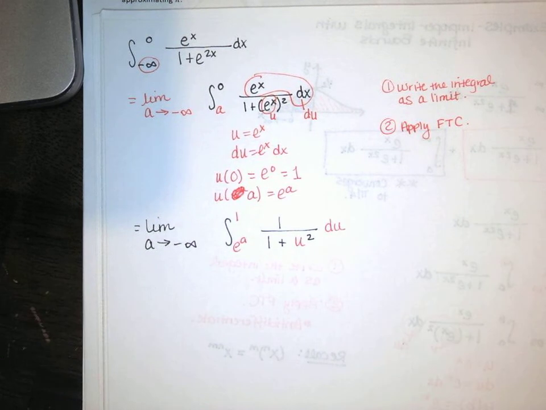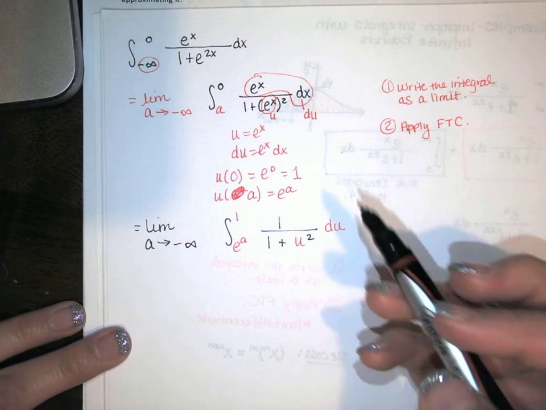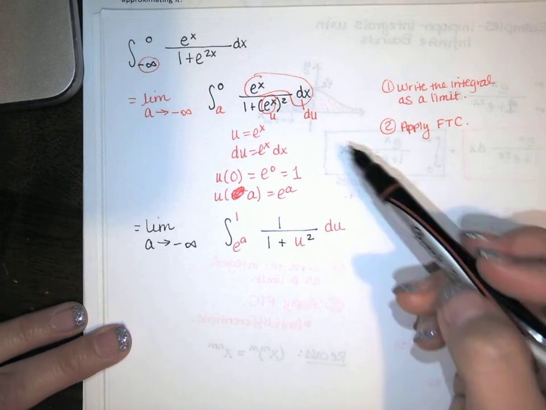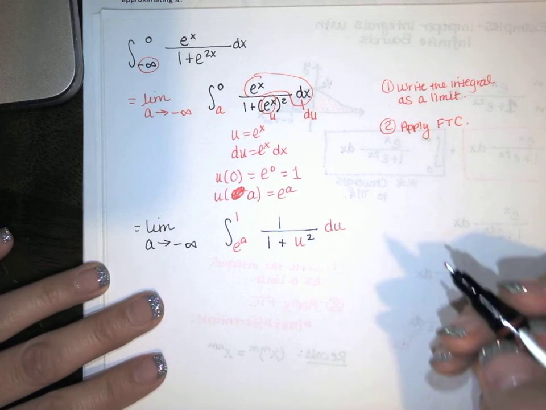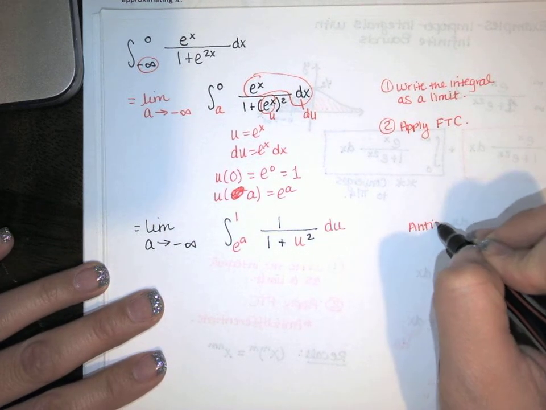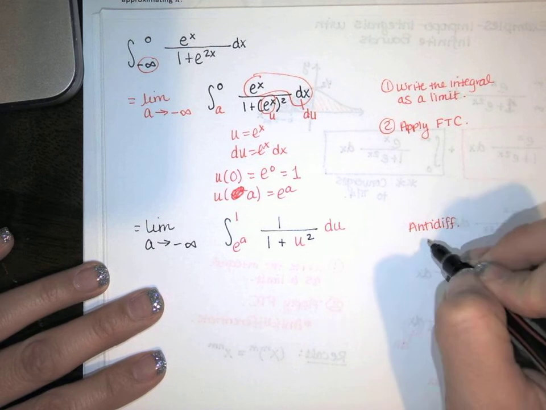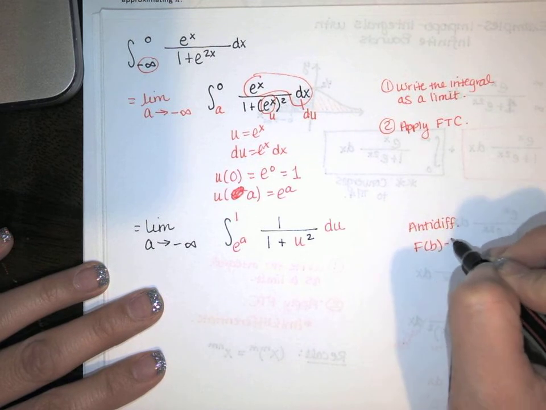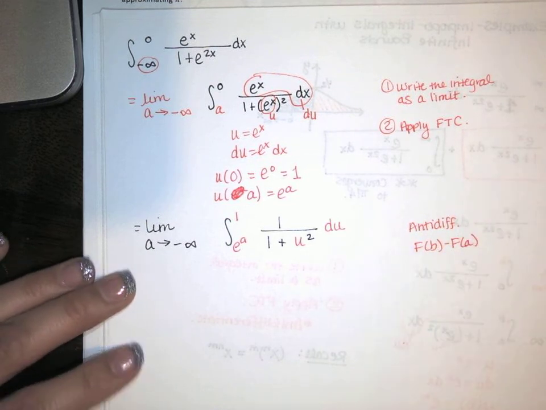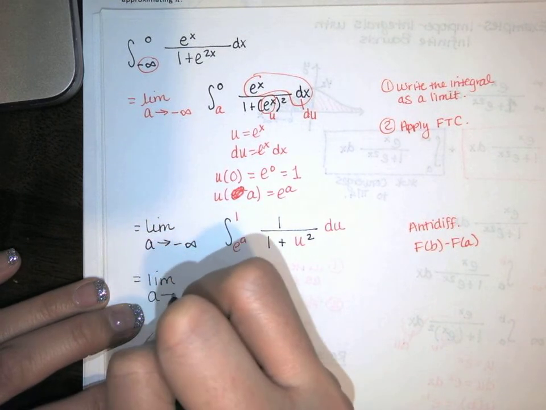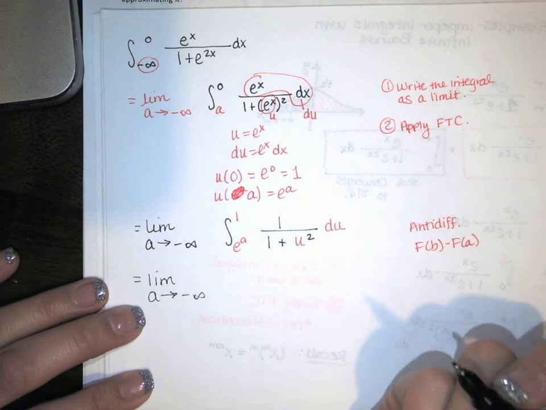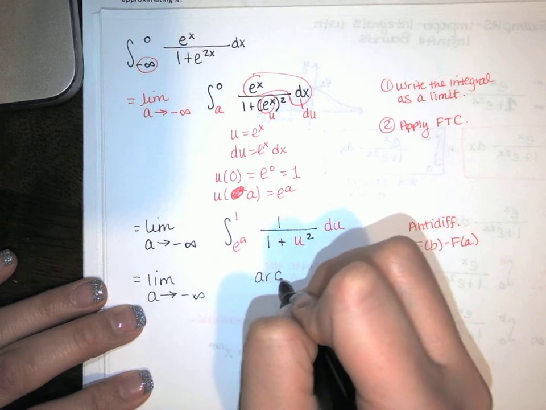Okay, so we started to apply the fundamental theorem by doing a u-sub. And now we need to anti-differentiate and then compute F of b minus F of a. And then we're done with the fundamental theorem part. We know from before the antiderivative of this is arctangent of u.